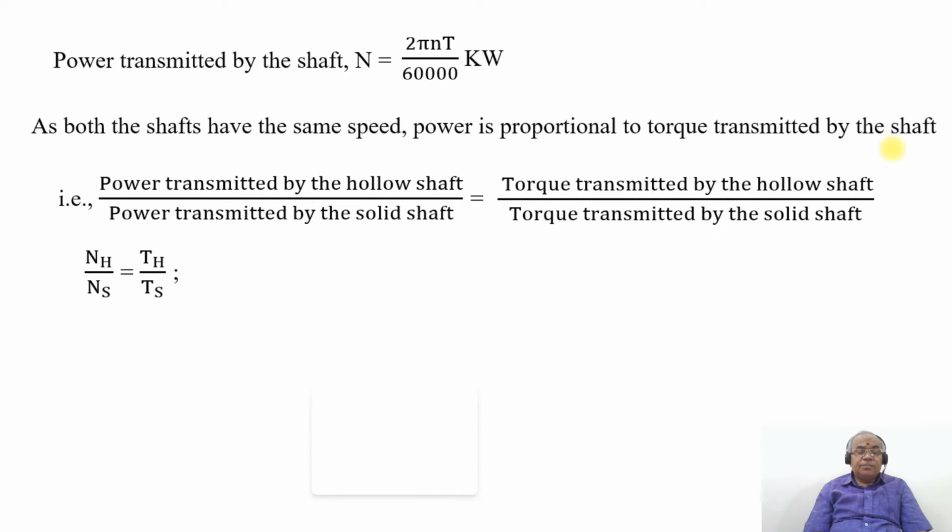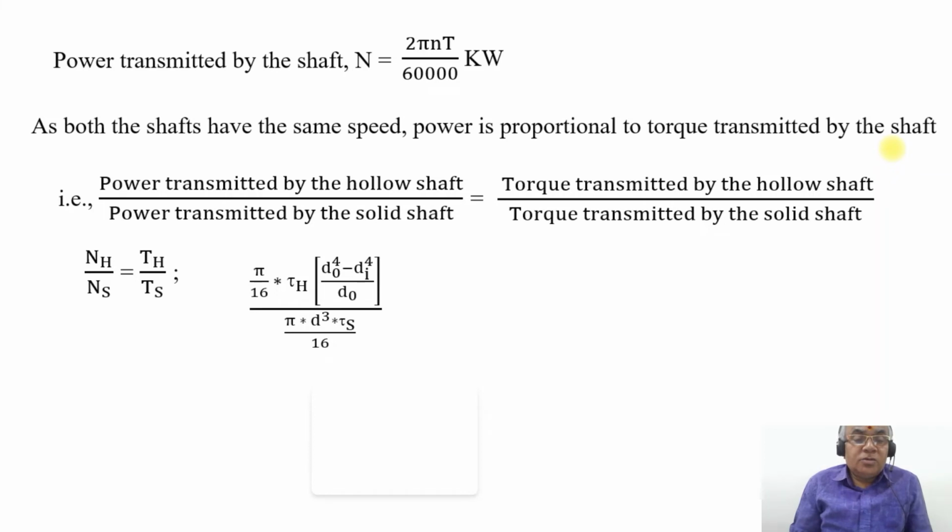So NH by NS will be equal to TH by TS. TH is pi by 16 into tau H into D naught to the power of 4 minus Di to the power of 4, divided by D naught, and the whole thing is divided by pi by 16 into d cube into tau S.